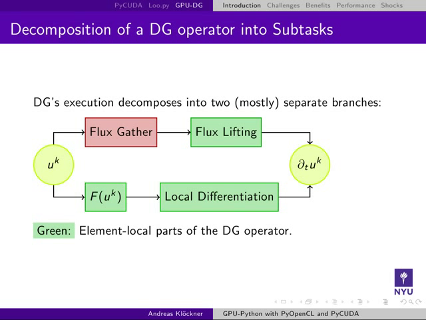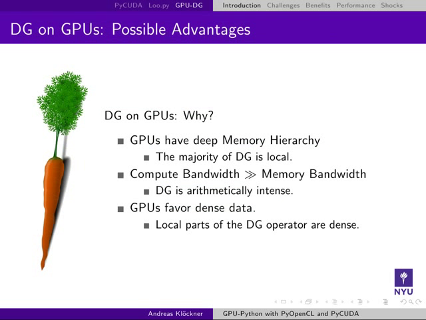So the thinking then is that DG might be a good fit for GPUs. Why is that? Well, we've seen that the majority of DG is local. So in that sense, we're a good fit for the deep memory hierarchy. Also, it's the flip side of that. It's not just that we're local, we're spread along very dense data, locally dense, per-element dense data, and GPUs also love that.